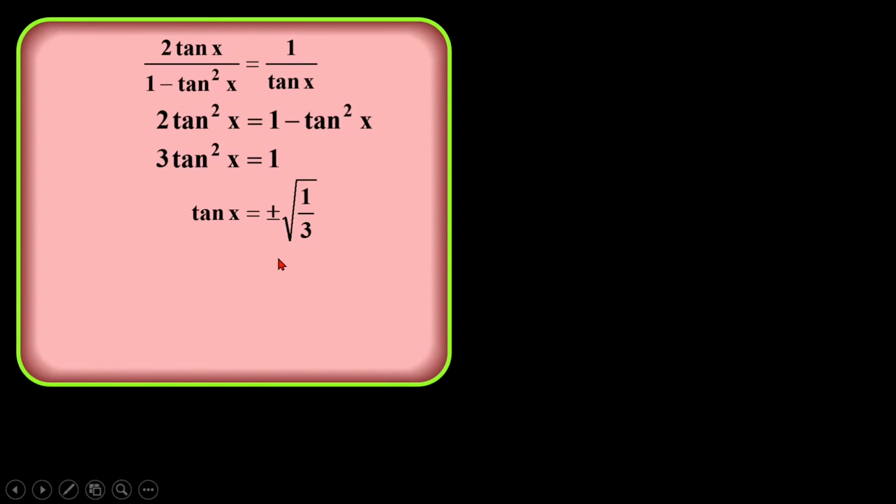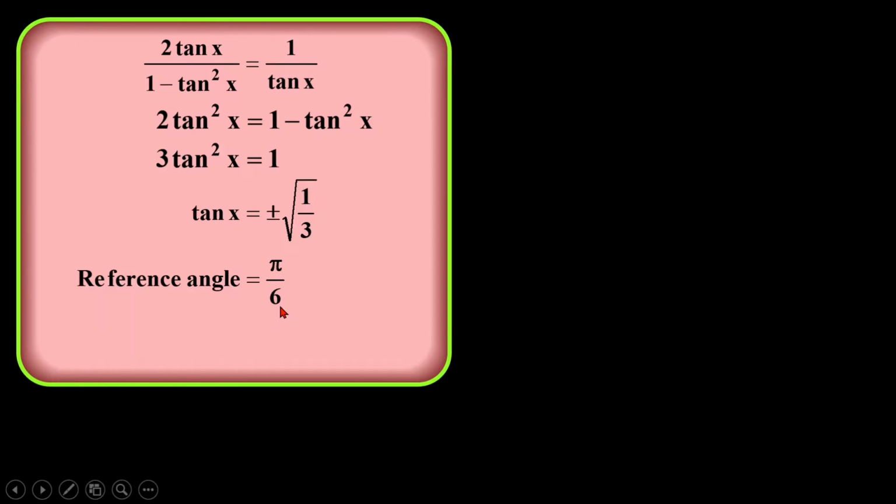So now I have plus minus, which means I need all the quadrants. So I need to find the reference angle first. I'm going to press the calculator like what I showed you just now and find the reference angle as pi over 6.